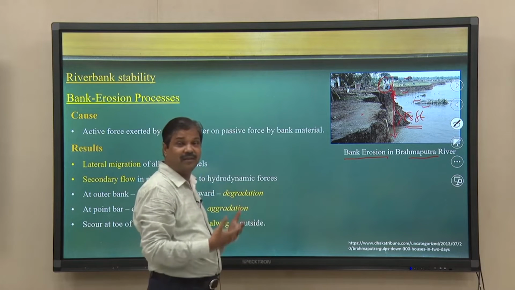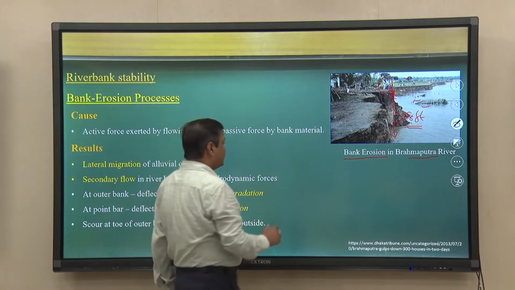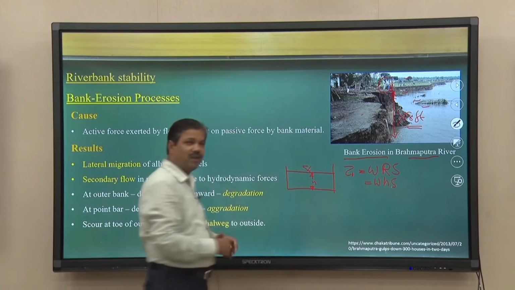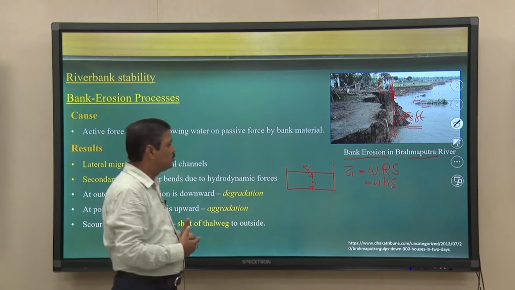What is the process that happens? See, when you talk about straight channels, simplified as rectangular channels, and if H is the depth of the flow, we know the average bed stress working is omega H S, where S stands for the bed slope.